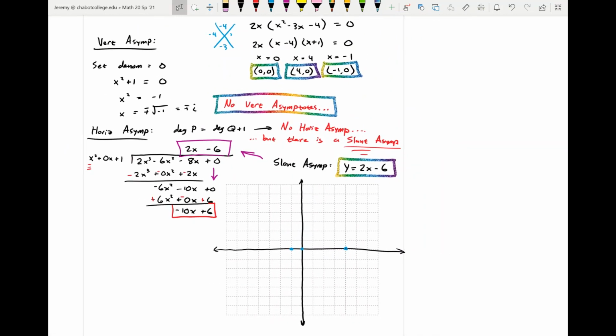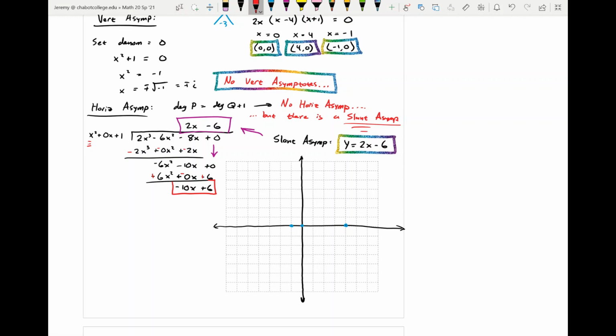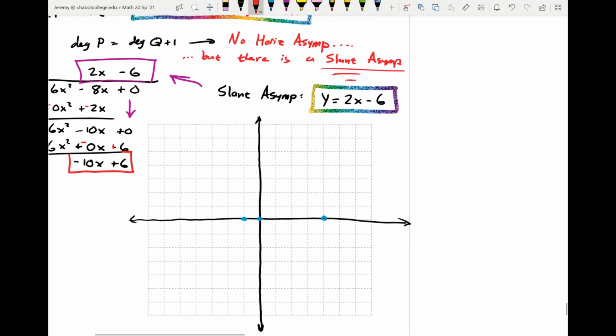And the only other thing I have is my slant asymptote, which has, okay, y-intercept -6, so down there, and then it's got slope +2. So I'm going to draw in this dotted line, looks something like that. So there's my slant asymptote.